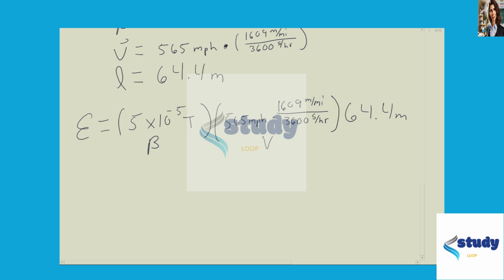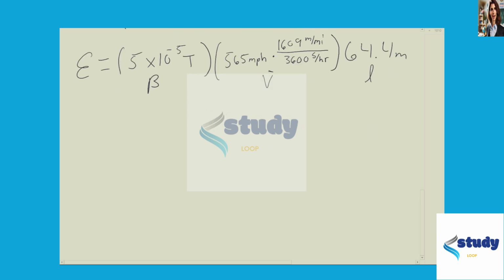So again, this was our velocity and this was our distance between wingtips. So this is going to give us a motional EMF of 0.813 volts.